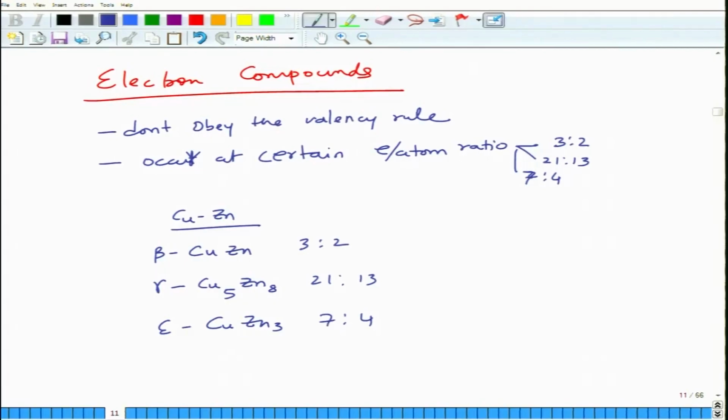So what we have looked at is various types of compounds, line compounds, electron compounds, solid solutions, how they follow Hume-Rothery's rule, and why solid solutions form, and what the guidelines are.